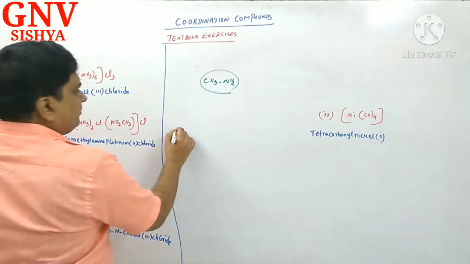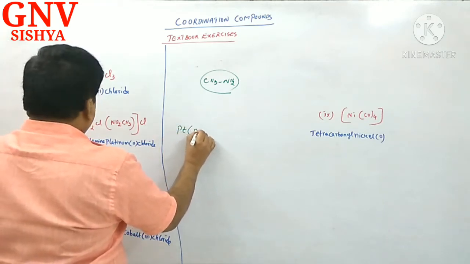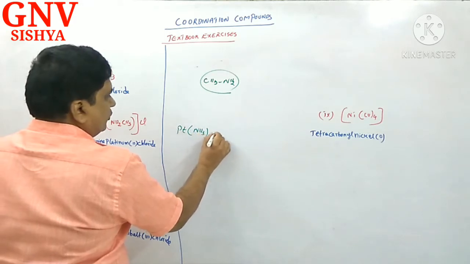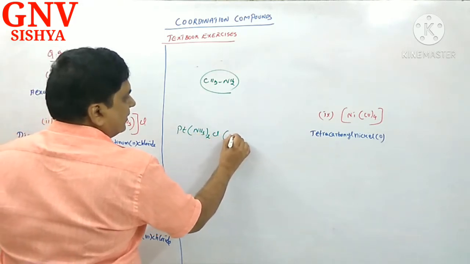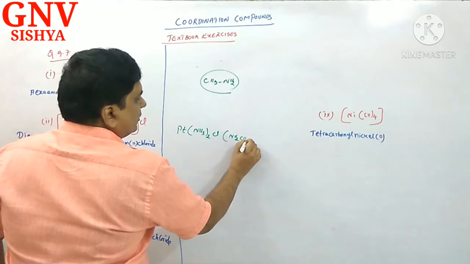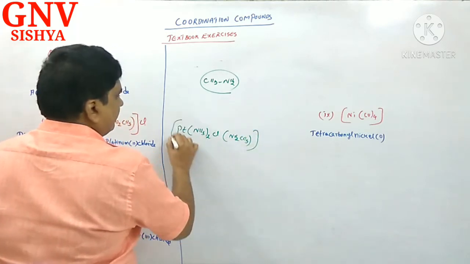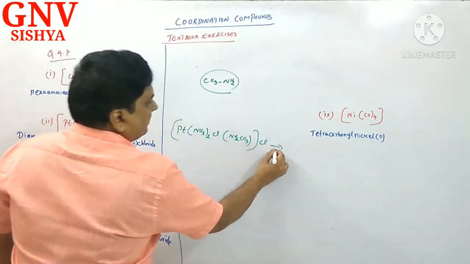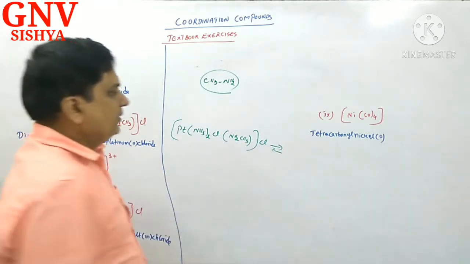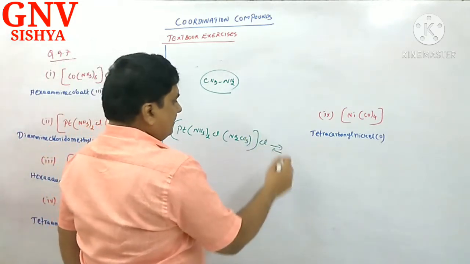Shall we write this? [Pt(NH3)2Cl(NH2CH3)]Cl. It ionizes to give Cl minus. The complex will be plus.